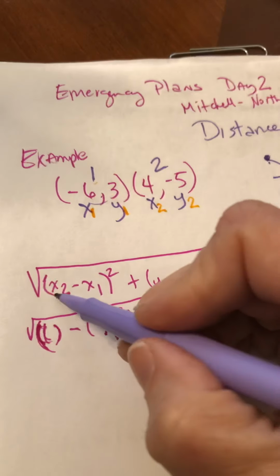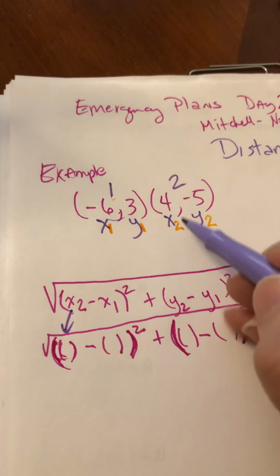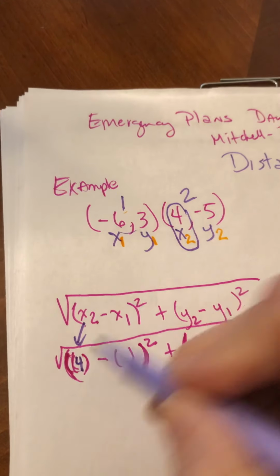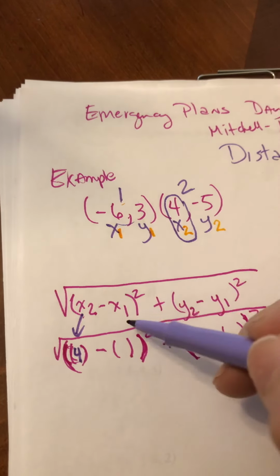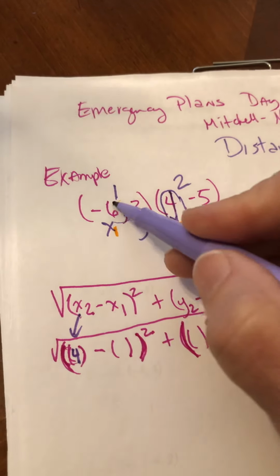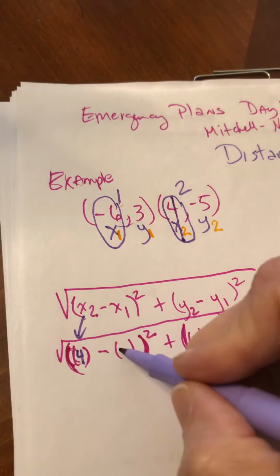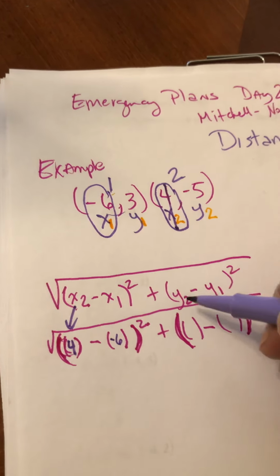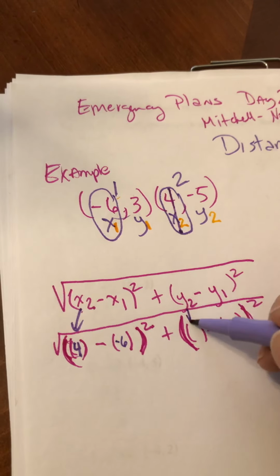All right, so I have x sub 2 is going to go right here. What is that? That is the 4. I'm going to put the 4 right there. Then we have our x sub 1. After we use it, we lose it. Our x sub 1 is -6. I'm going to put the -6 here. And over here, I've got my y sub 2.